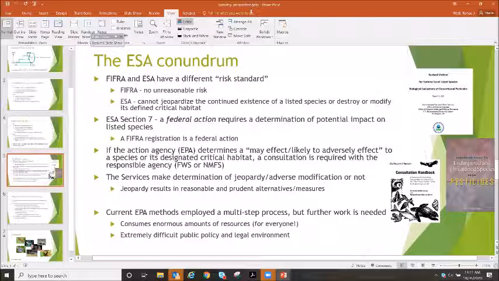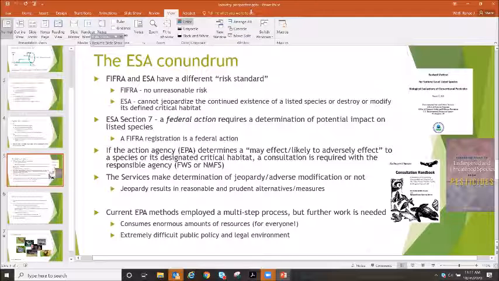It and the ESA have different, what we would call, risk standards. So they don't have the same level of protection, for lack of a better word. Whereas FIFRA's standard is no unreasonable risk, and then you see the wording there for ESA.